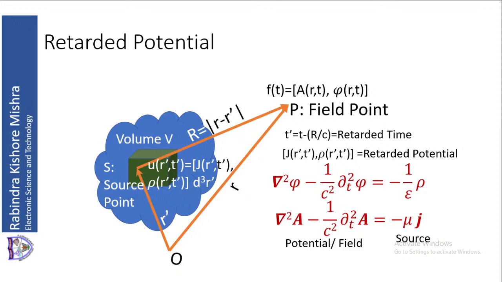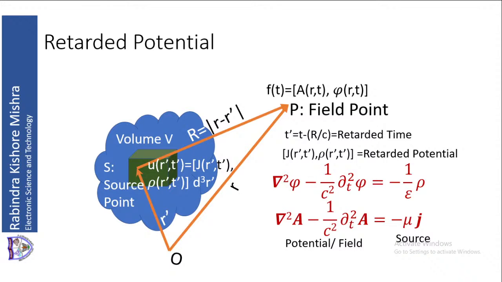If we are observing the field or the potential at a time t at the field point P, then that was generated at the source at a previous time, which is t minus R upon c, being the time required for it to travel from S to P. So t minus R upon c is the time when it was generated.